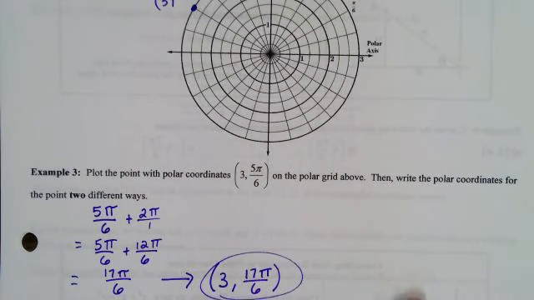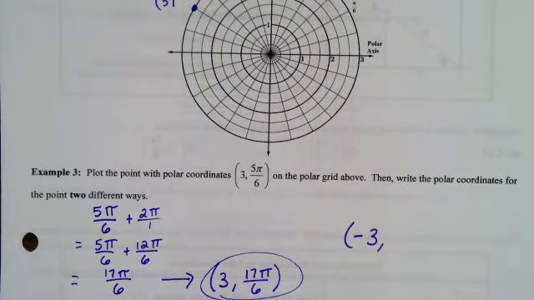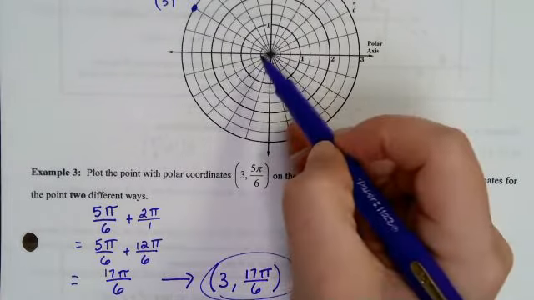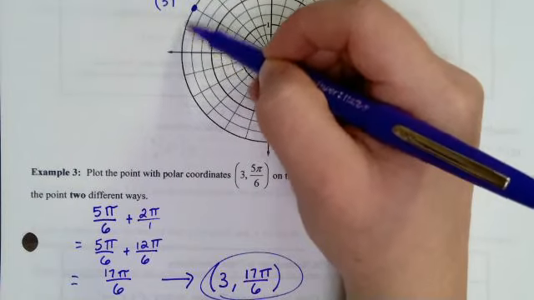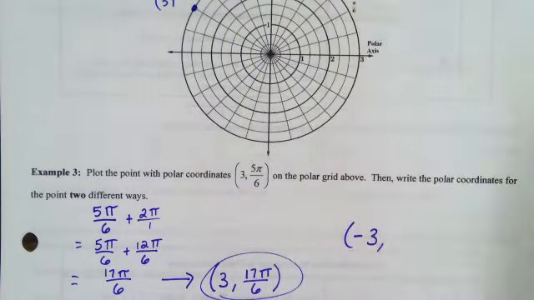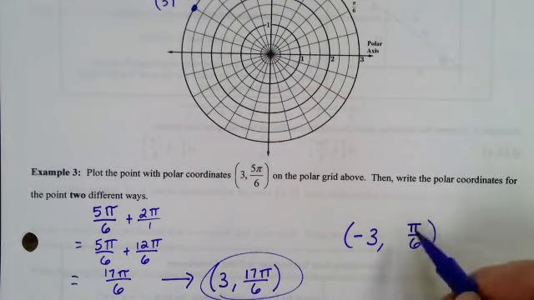But what if I want a different one? For fun, let's see what it would be if I used a negative 3 for the r. That would mean I went to the left 3. Then I would be going pi over 6 to get to my next value. The question is, is it positive pi over 6 or negative pi over 6?